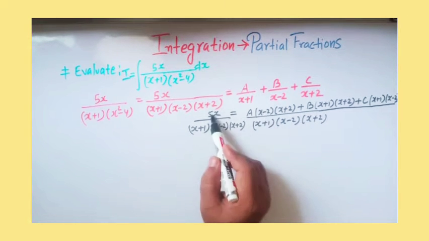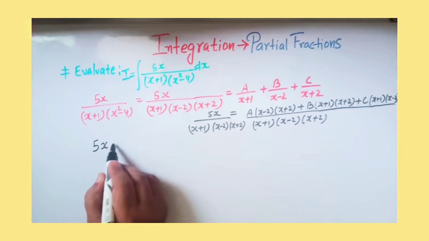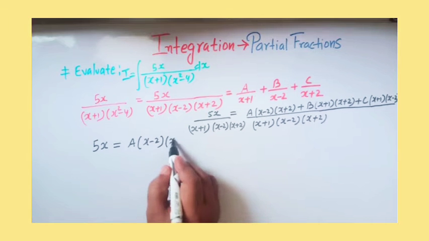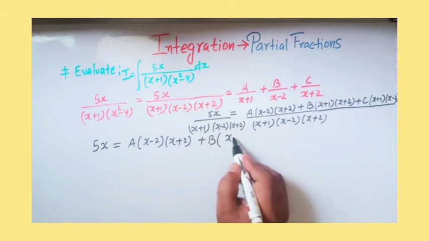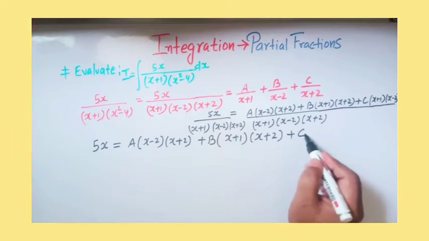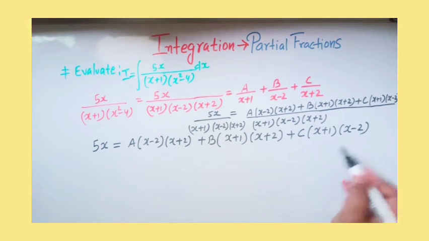So therefore equating these two expressions, we have 5x is equal to a times (x minus 2)(x plus 2), then we have b times (x plus 1)(x plus 2), and then we have c times (x plus 1)(x minus 2). Clear?